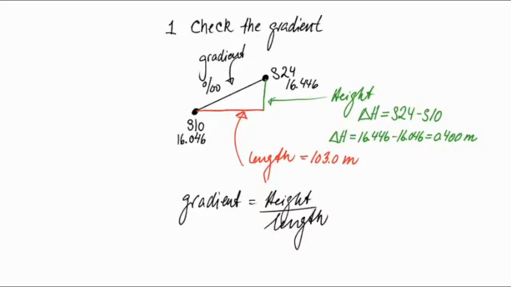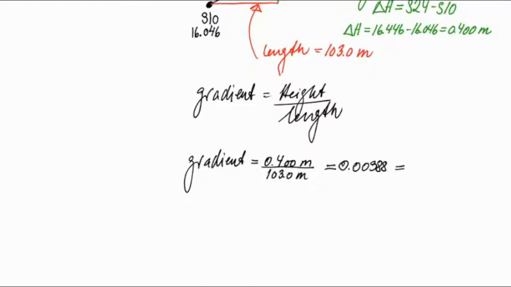I have found the difference in heights, and it is equal to 0.400 meter. Furthermore, I have written up the well-known formula for finding gradient, that equals height divided by length. And now we just have to fill in the values. I've filled in the values in the formula, and here's the gradient stated in decimal form, and let's give it in promille.